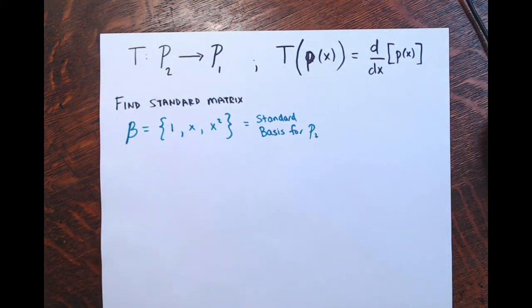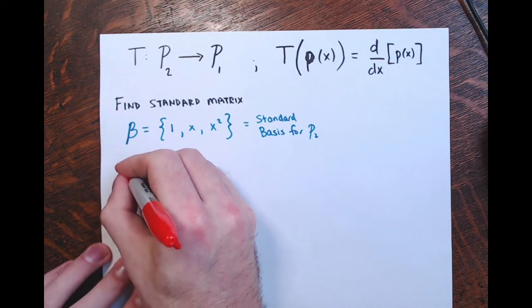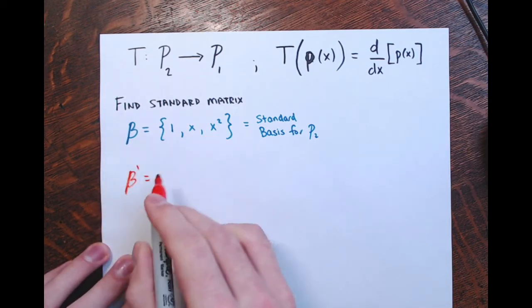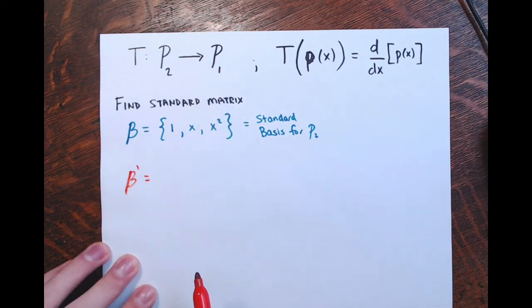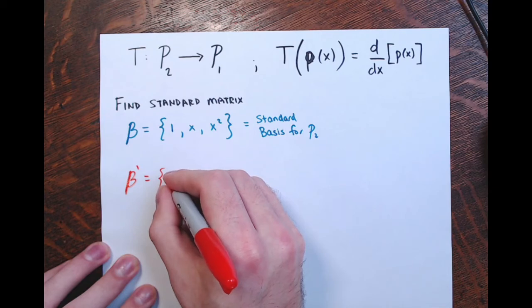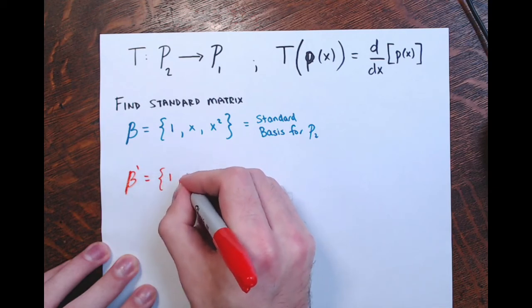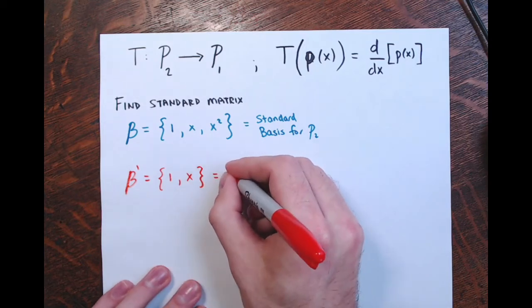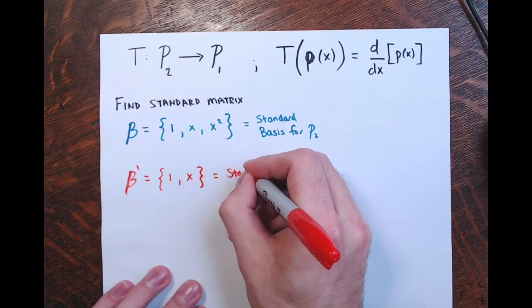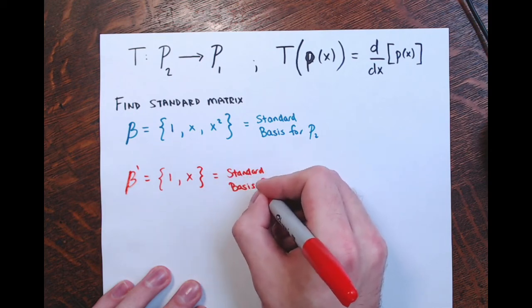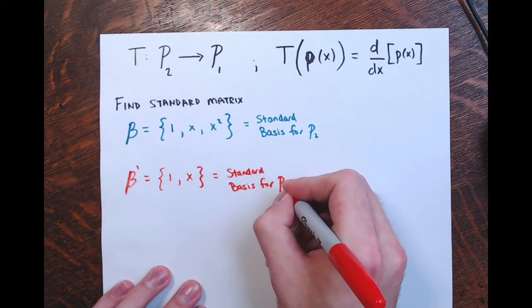And I'll put up the B prime. This is the standard basis for P1. Every polynomial of degree 1 or less can be written as a linear combination of 1 and x. So this is the standard basis for the codomain, that P1.